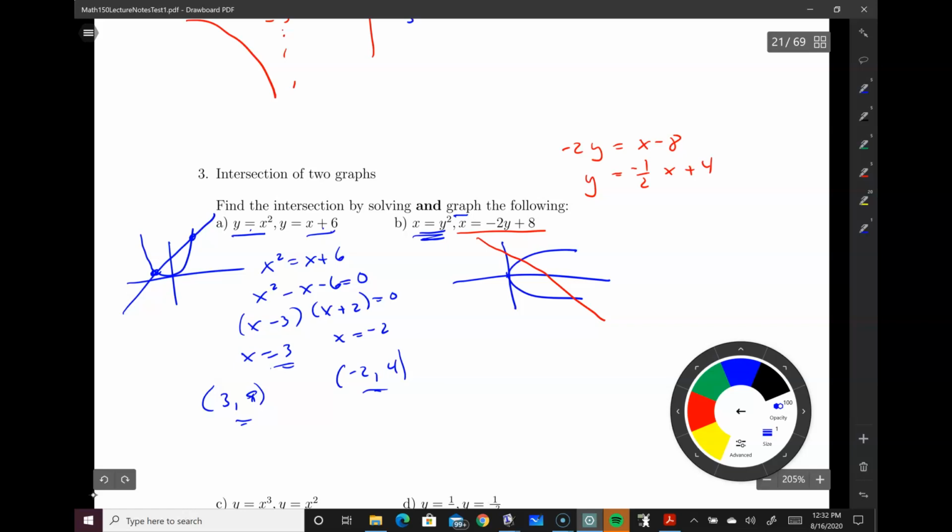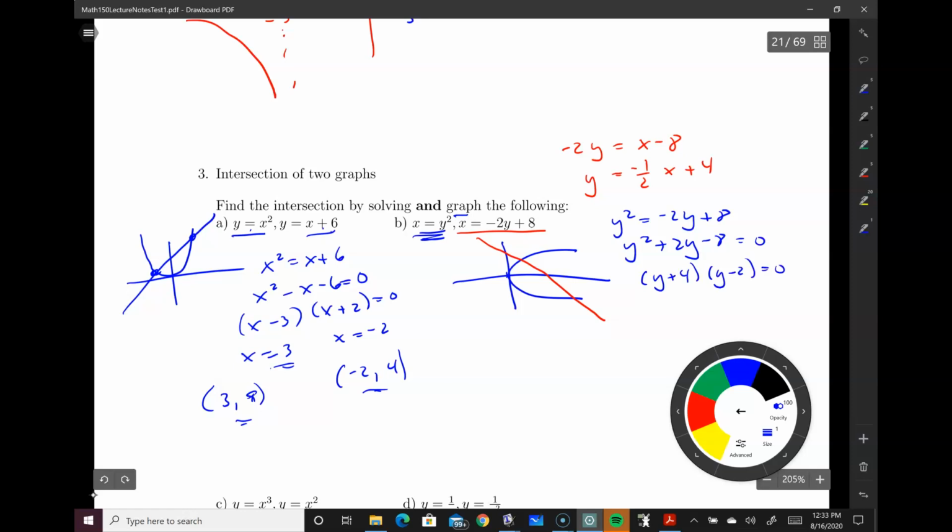All right, so I'm going to use the fact that it's x equal, so I'm going to set y squared equal to -2y plus 8, and get it equal to 0. So I would have y plus 4, y minus 2.